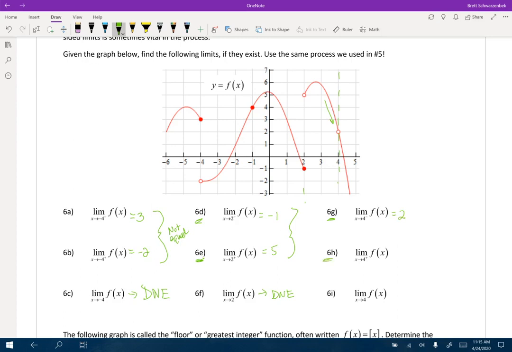If we're approaching from the right, we're approaching from this part of it. As we reach the middle point there that has no point, an undefined point, what height does it appear that we're approaching? These are equal, which means what can we say about the two-sided limit? It is indeed just 2. Which means sometimes it works, sometimes it doesn't.